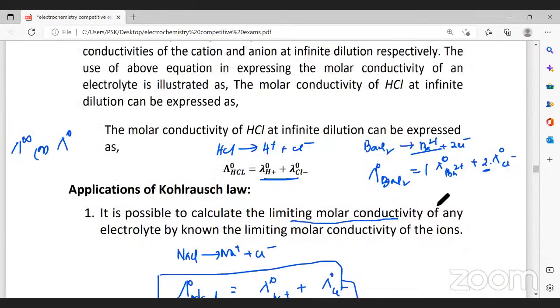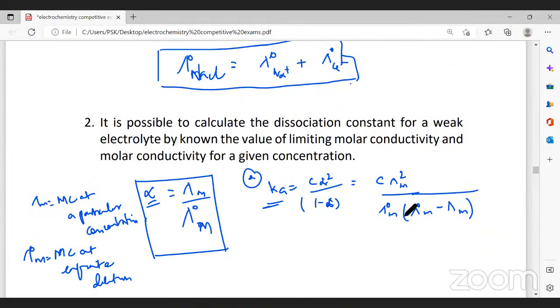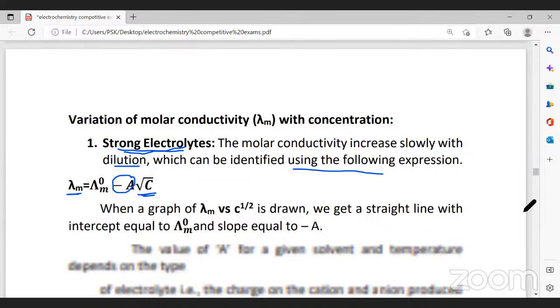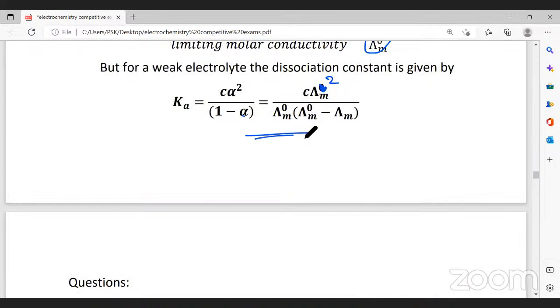We wrote it here as C into lambda square m divided by lambda naught m, and the same thing is represented here also. All right, so this is based on Kohlrausch's law. Did you understand? Yes, sir.